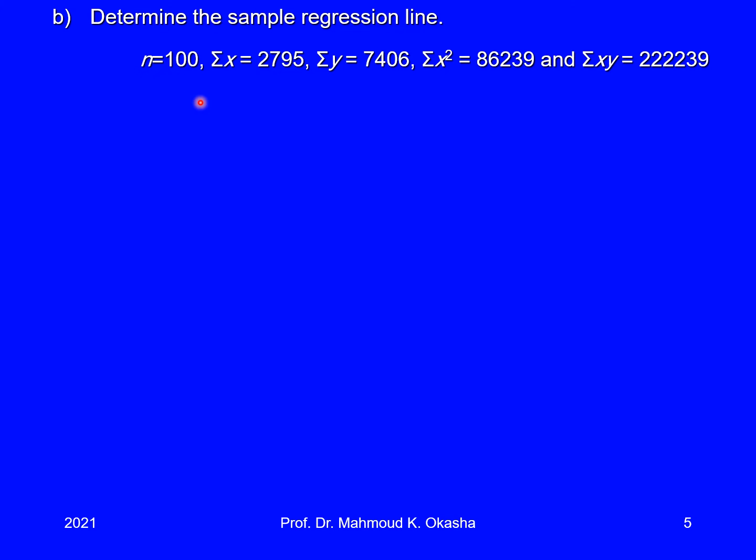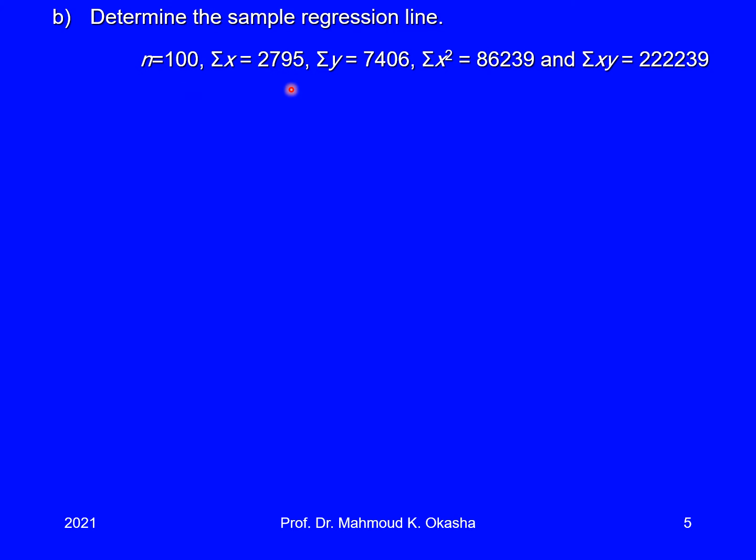We have n equals 100, and we assume that's an example. We assume the summation of x, the sum of all x values, without having the x values because 100 is too much.